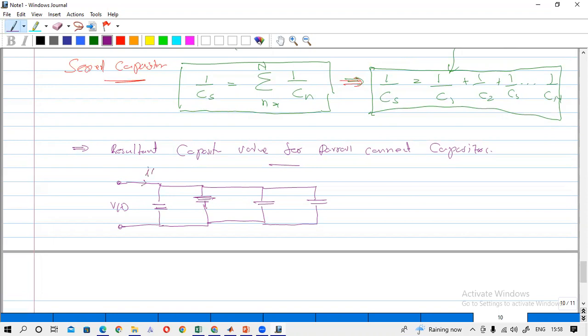So if you have total IT here, this one has I1T, this one has I2T, this one has I3T, this one has I4T, and if there are n capacitors, this will have INT.